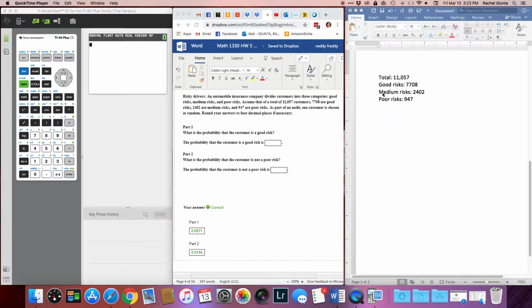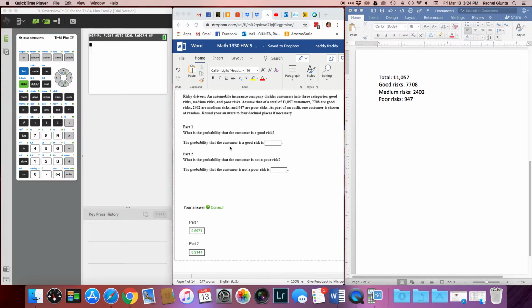So I've got an example over here where I wrote down the number for the total people, the good risks, the medium risks, and the poor risks. So then when you're ready to find the number you need to use, you can look at it over here rather than looking at it in here and potentially pulling the wrong number out of the paragraph.